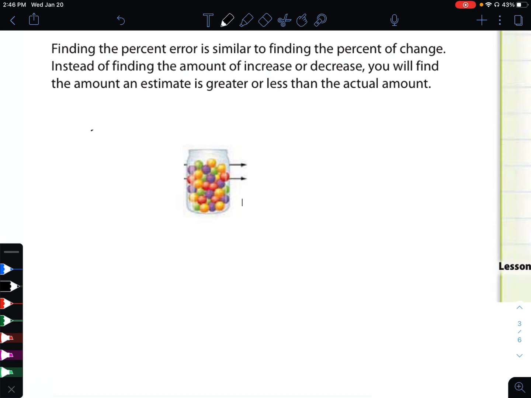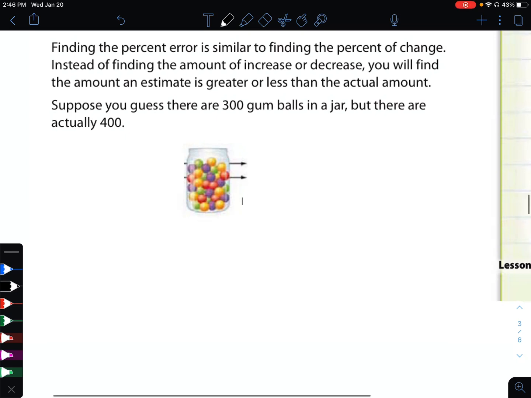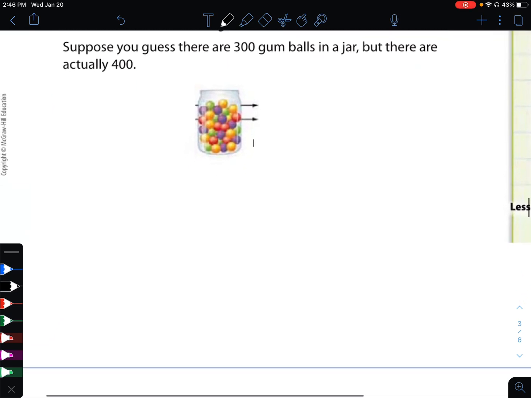You've probably done this before, or probably not, but suppose, for example, you guess that there are 300 gumballs in the jar, but there are actually 400 gumballs. So you were given a jar and you were asked to guess. Your best guess was 300, but the actual amount in the jar was 400 gumballs.